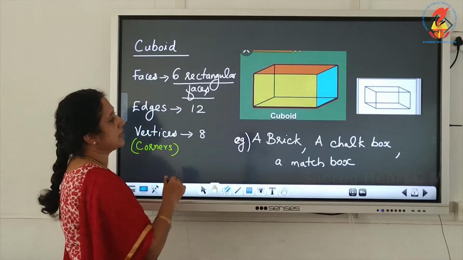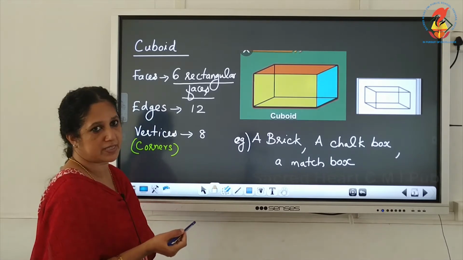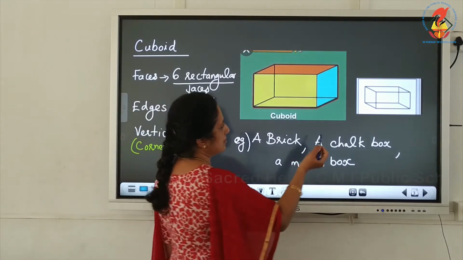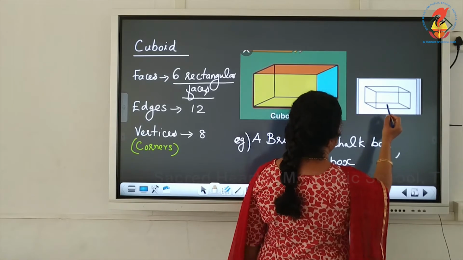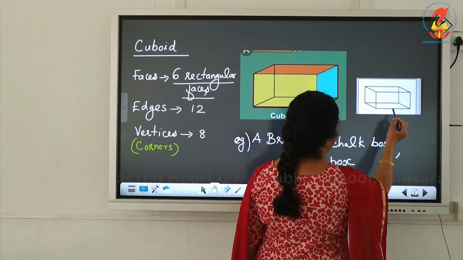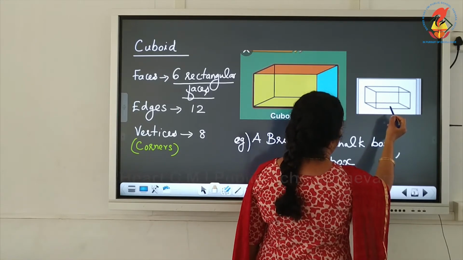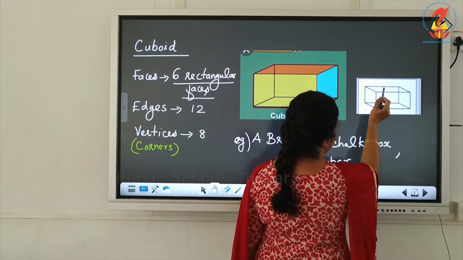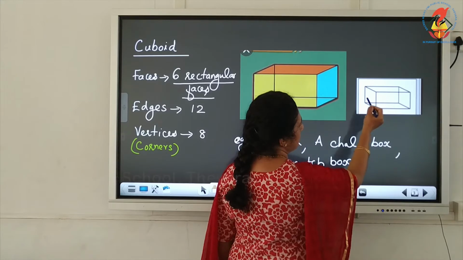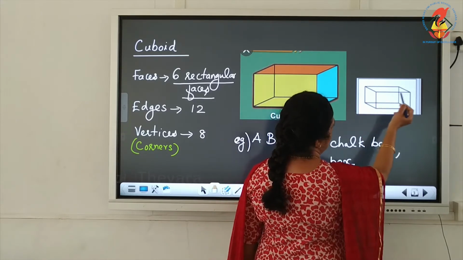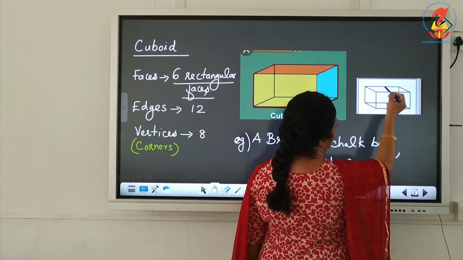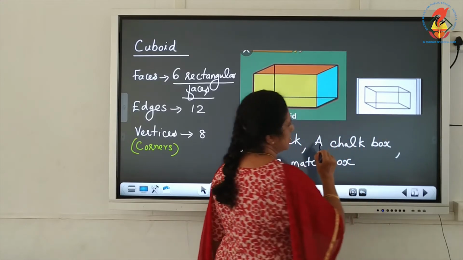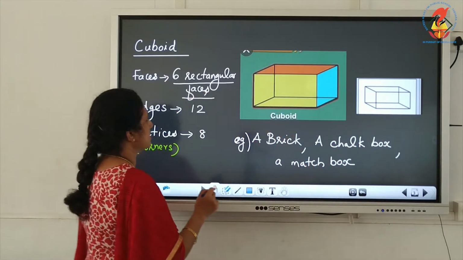Now this cuboid has 6 rectangular faces, and the shape of the face is rectangle. Now we can count the number of faces: the front face, back face, then we got 2, then side we have 3, 4, top 5, bottom 6. 6 rectangular faces.